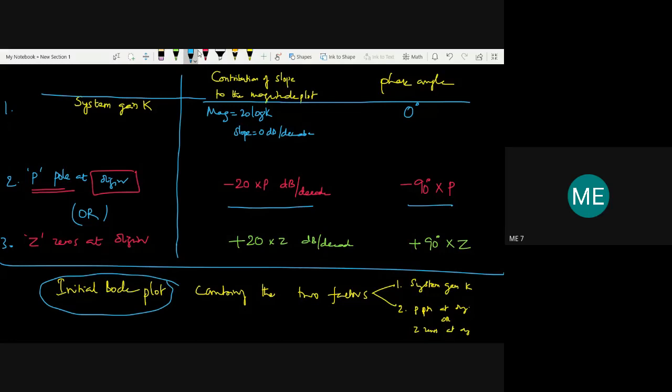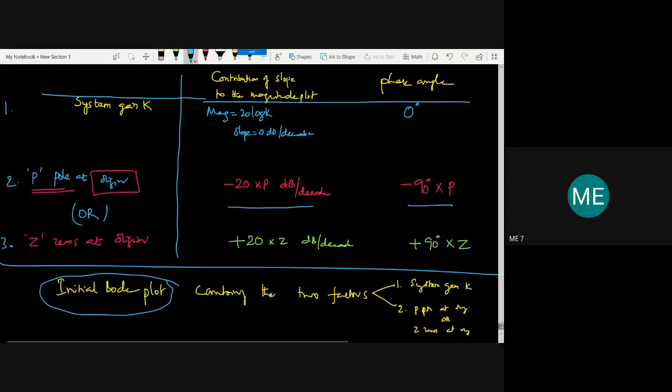So the two factors are to be combined first. How can these two factors be combined? I'll explain that with an example.